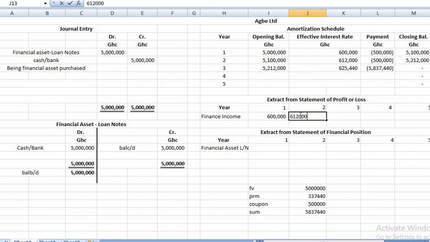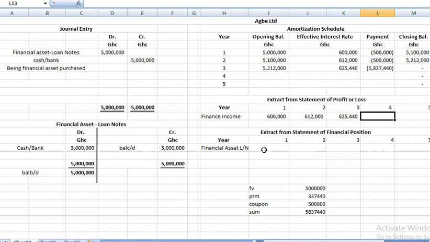And the last year's interest is 625,440. In this question, it doesn't go beyond 3 years, so we ignore anything that's there.